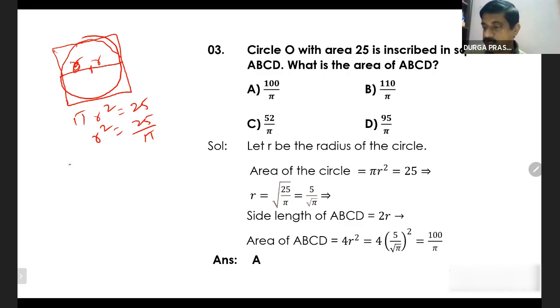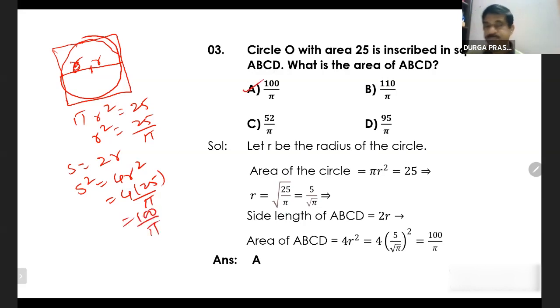Side of a square is 2r. Side square is area, that is 4r square. That is 4 into 25 by pi. That is 100 by pi. So option is A. Please note fast.